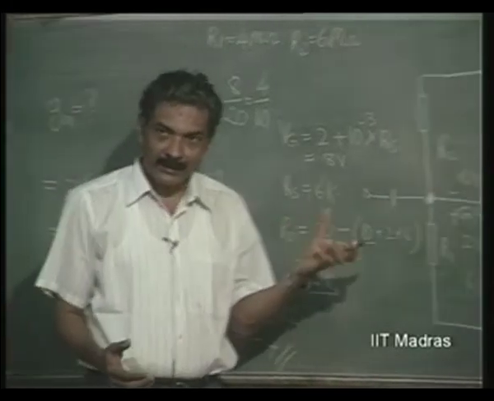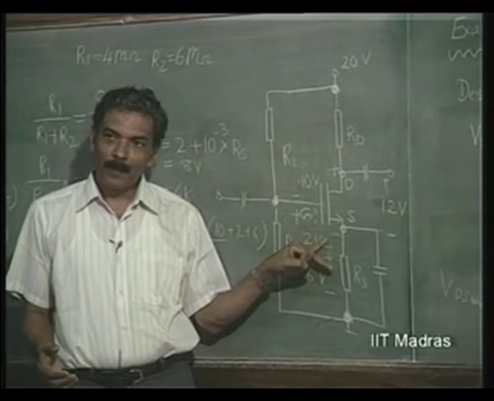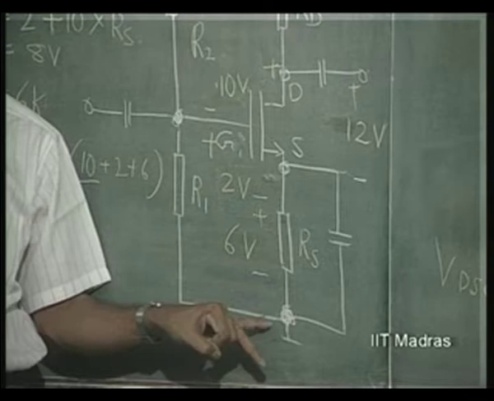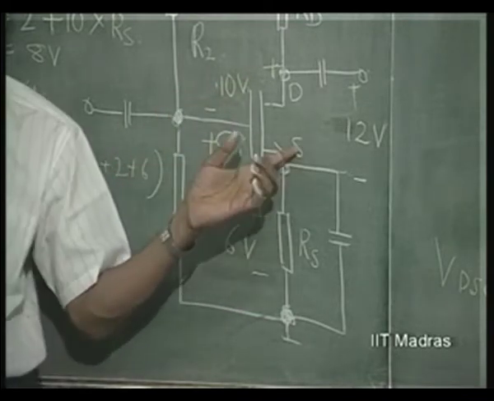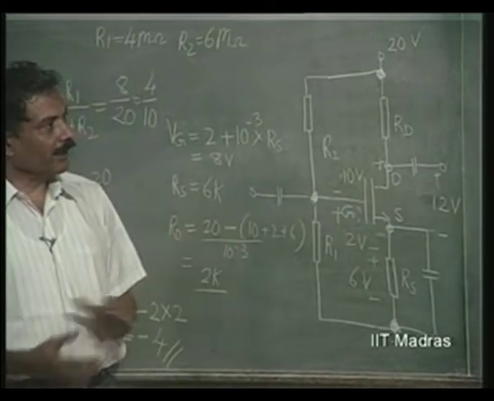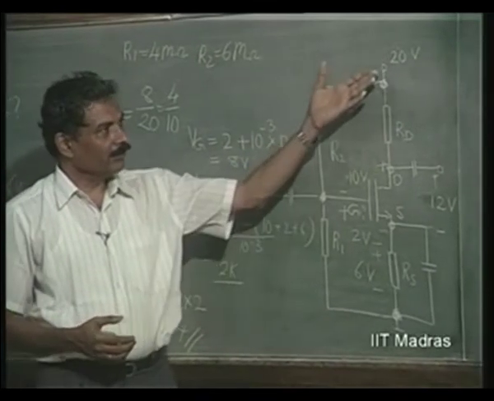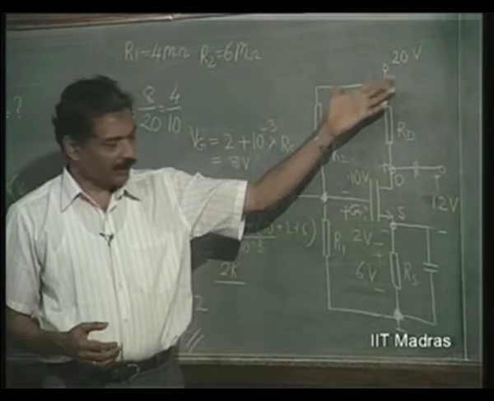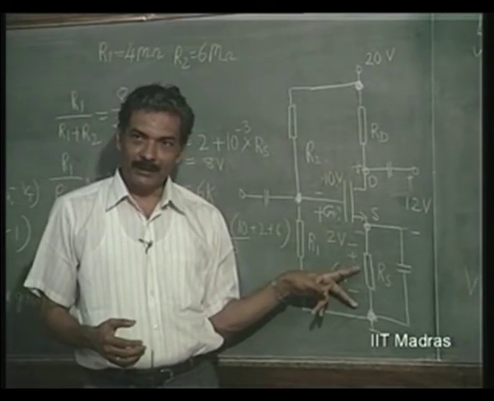What should be highlighted here is that this drop normally should be small compared to this drop if you want the operating point to be independent of the FET characteristic. So, let us say if you were asked to select VDD properly, so that is the case, then for a 2 volt drop you would take a 20 volt drop here.